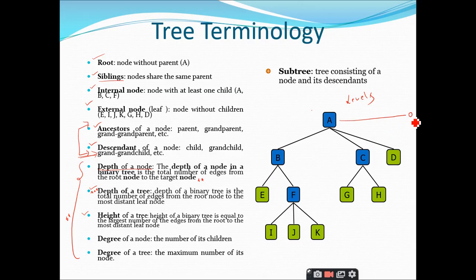But if you change it to level 1, then the formula may vary, right? You have to make necessary modifications. That's it. But we always make a practice that the root node is always kept at level 0. And when you keep on moving in the downward direction, you keep on incrementing the levels.